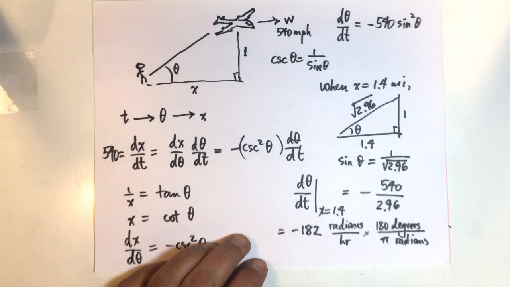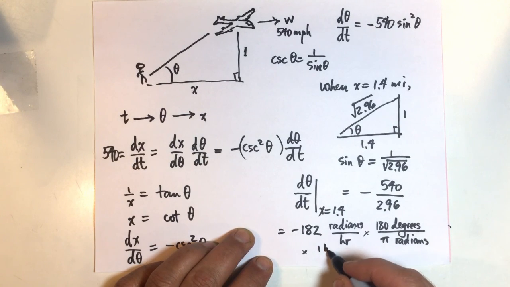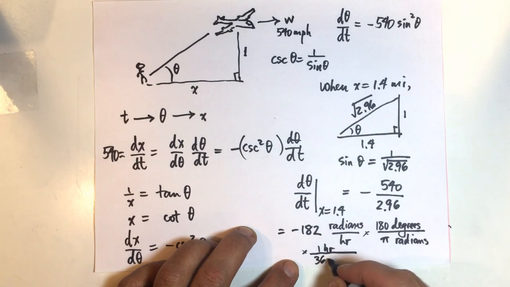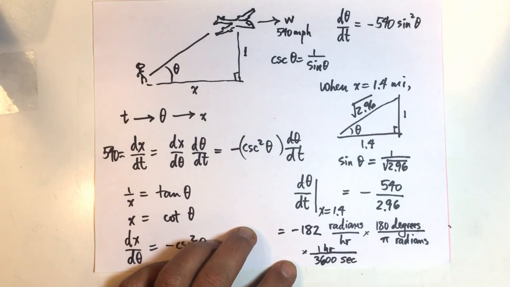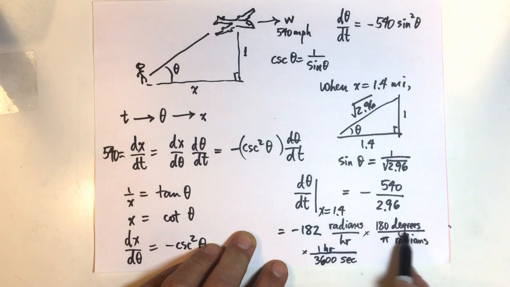Now, at the same time, I want to multiply by 1 hour divided by 3600 seconds. So I'm multiplying again by 1. Multiply by 1, you don't change the value.